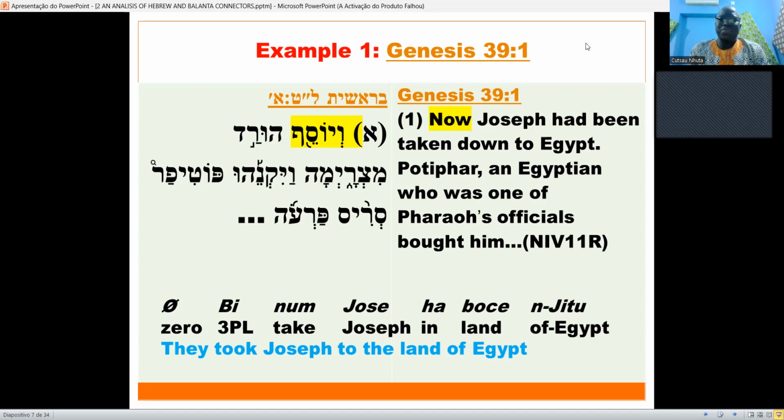Now Joseph had been taken down to Egypt. Potiphar, an Egyptian who was one of Pharaoh's officials, bought him. In Balanta, it is read, Benumzuze watching Ezitu, they took Joseph to the land of Egypt.